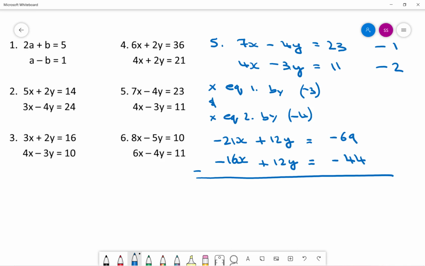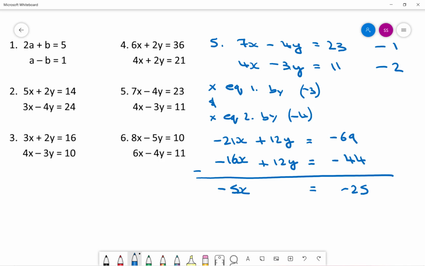So if I subtracted the negative 16x plus 12y equation from the negative 21x plus 12y equation, my y terms will cancel. So first of all, negative 21 minus 16 is going to give us negative 5x, as a minus makes a plus. 12y minus 12y gives us nothing, and on the back end we have negative 69 minus 44, which gives us negative 25.